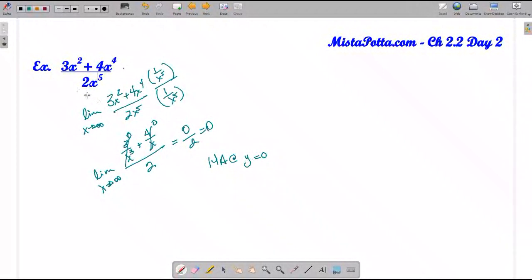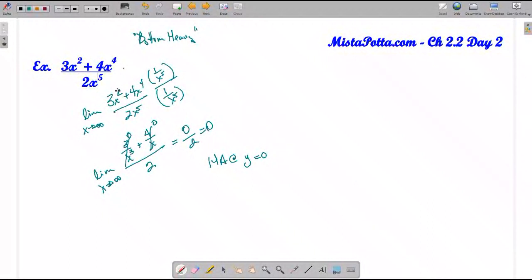So this is our bottom-heavy case. But we really need to take a look at this from a limit situation. We need to take a look at this algebraically.